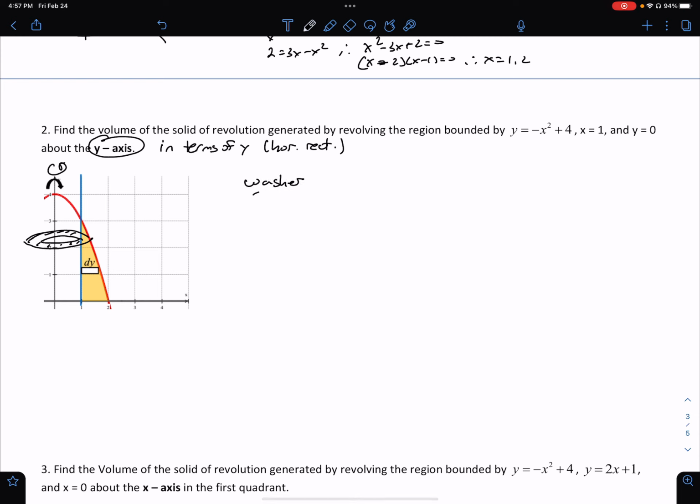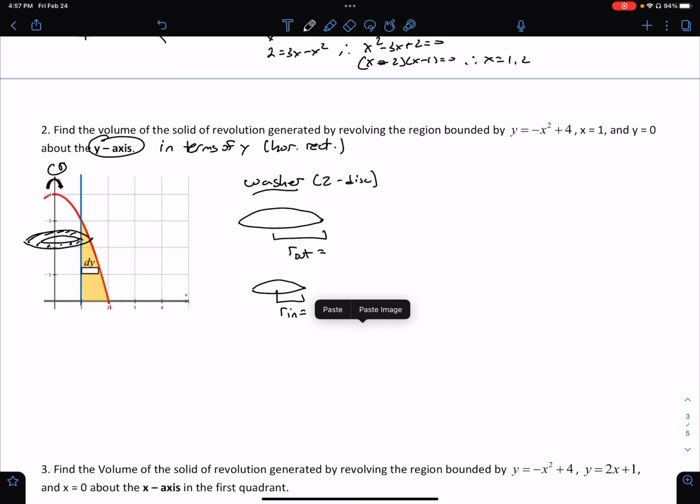So anytime we're looking at a washer, or sometimes I call it the two-disc method, we need the bigger disc, that's the outside disc. So we need its radius. We'll call that the radius of the outside. We need the inner disc as well, the smaller one, so we need the radius of the inside. And that's all we have to find.